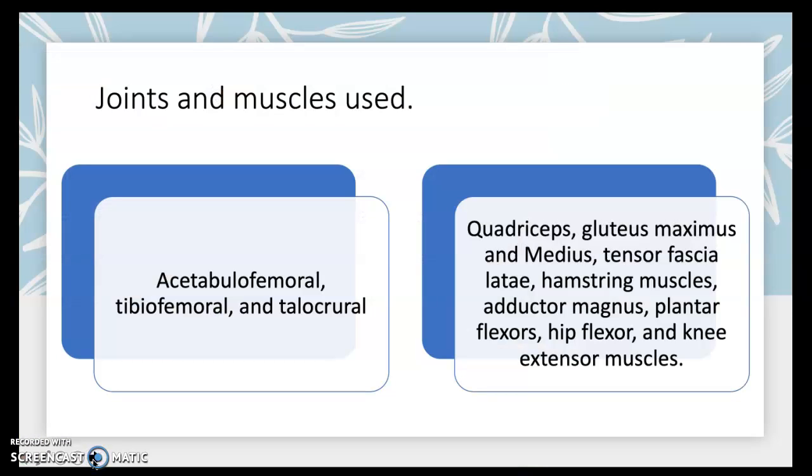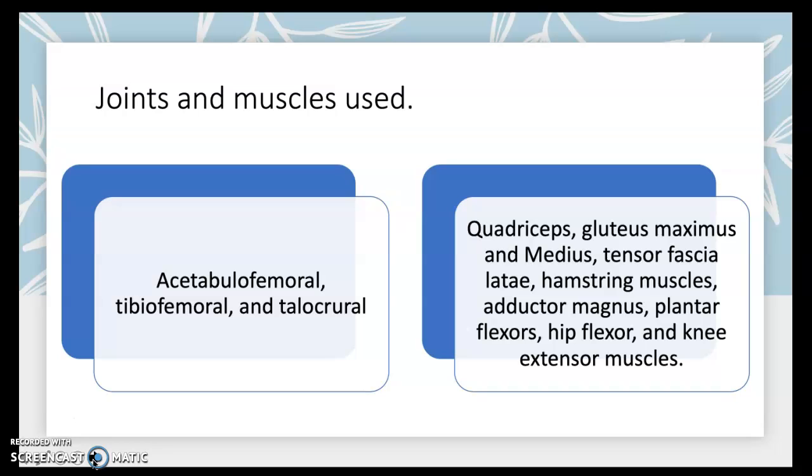The joints and the muscles we'll use will be the acetabulofemoral, the tibiofemoral, and the talocrural. The first one is going to be your hip, the tibiofemoral is going to be your knee, and the talocrural is going to be your ankle.